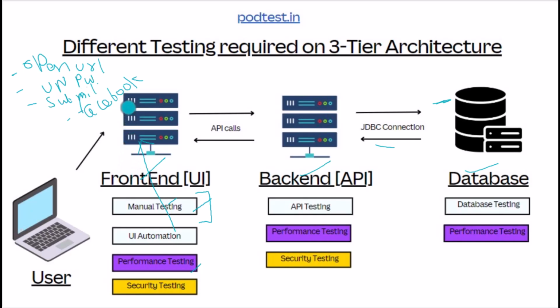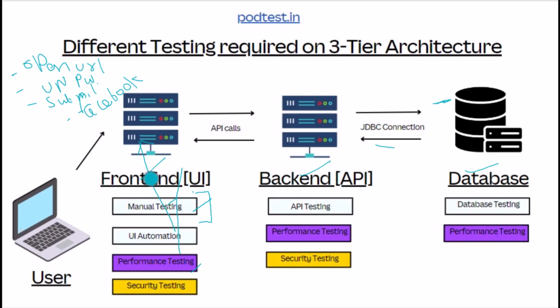There could be other logic too, in the kind of framework which you would have used to build this UI. So performance testing could identify the issues which could be prevailing on the UI also. So performance testing can target the UI also.